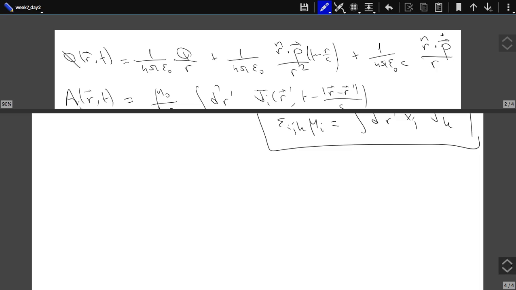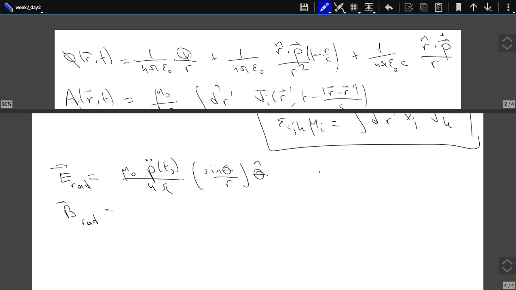So we have the electric field, in the radiation zone, that is the faraway point, is just mu 0 p double dot(t), let me use the notation of the book, sine theta over r theta hat. This is if mu is equal to mu dot, both 0.